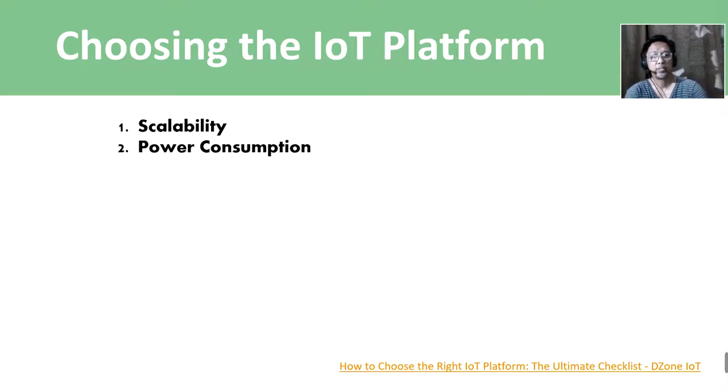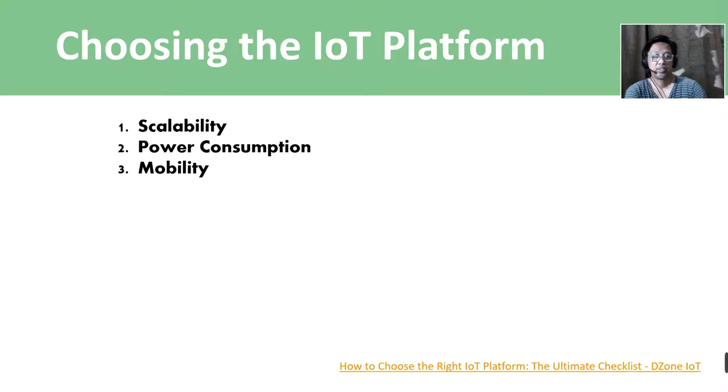Next is power consumption. Is your IoT application power hungry? So you also have to choose the particular platform that will give you that kind of power requirements based on your needs. Then mobility.